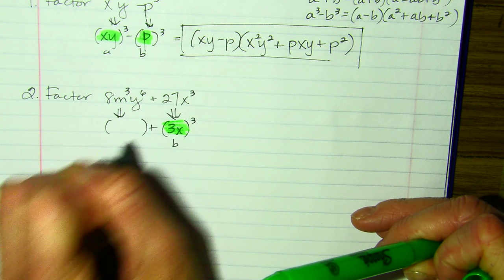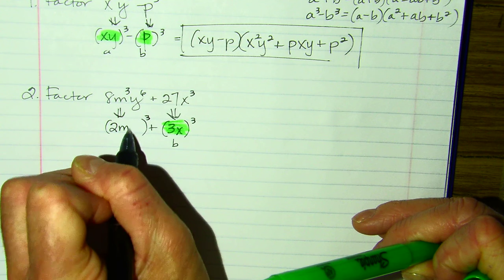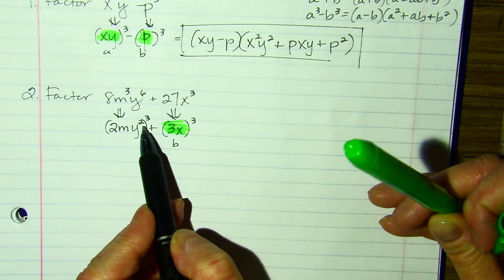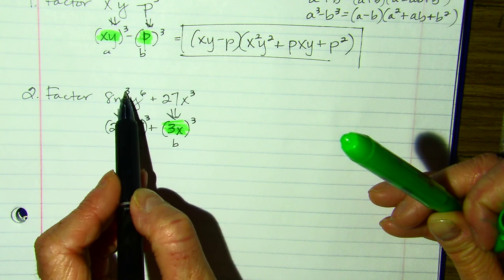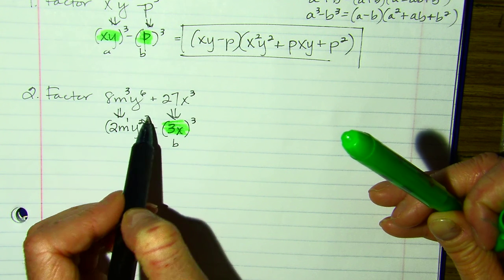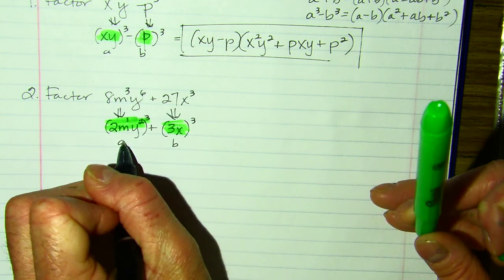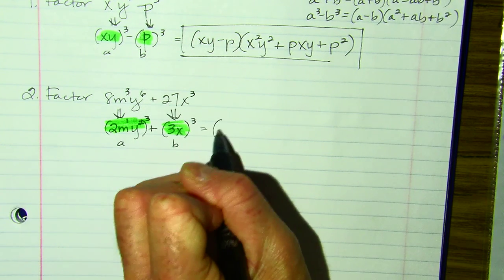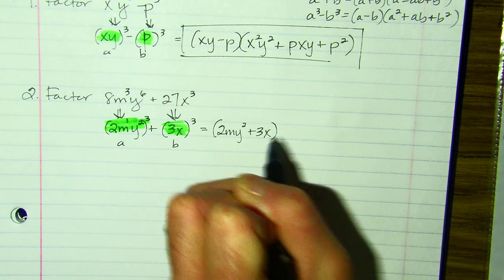Plus 2 cubed is 8. M, this would be y squared. Remember, an exponent raised to a power, you multiply. So you're technically dividing. 3 divided by 3 is 1. 6 divided by 3 is 2. So there is a. So my factors are simply 2m y squared plus 3x, a plus b.